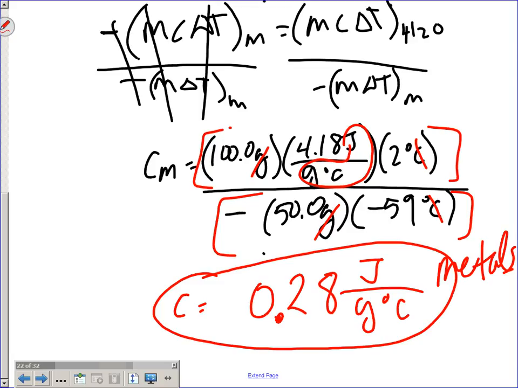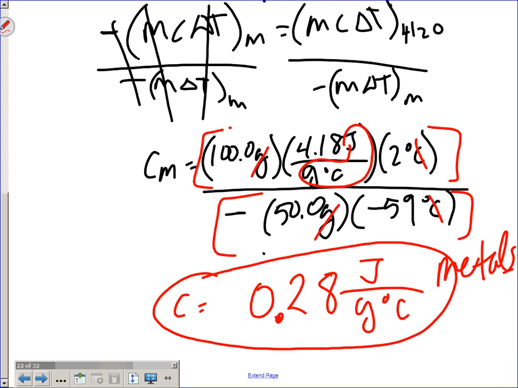But water, it takes 4 joules to increase 1 gram by 1 degree Celsius. That's a lot more. So water has a high capacity, a great way to retain energy, whereas metals really don't.